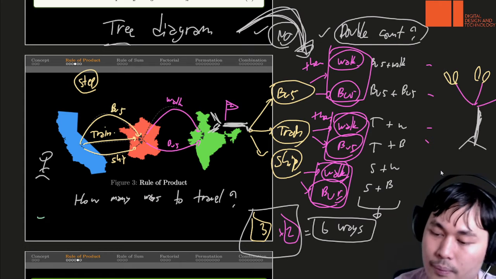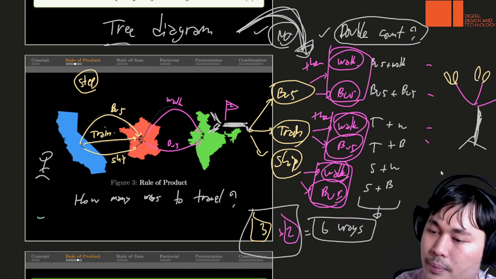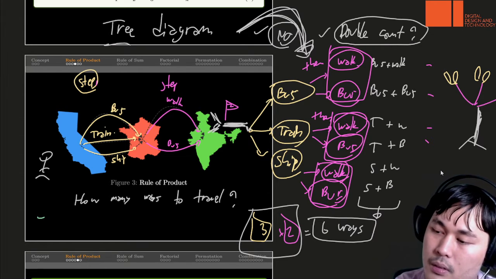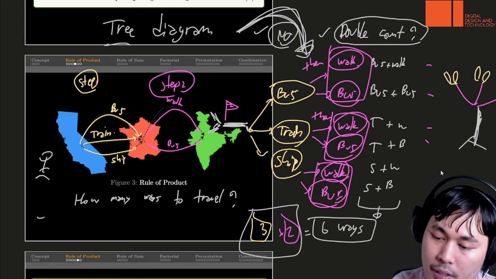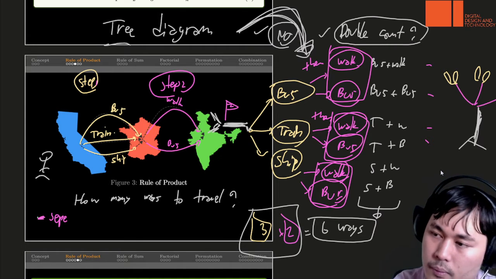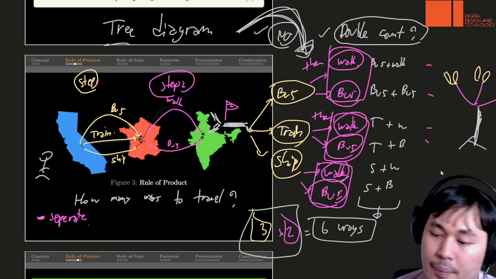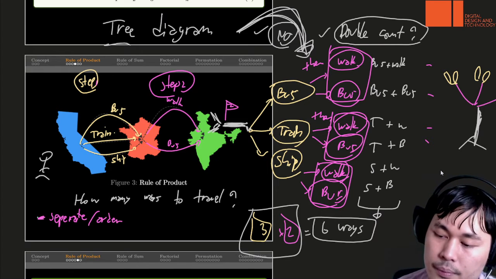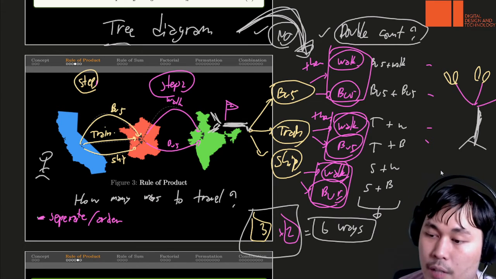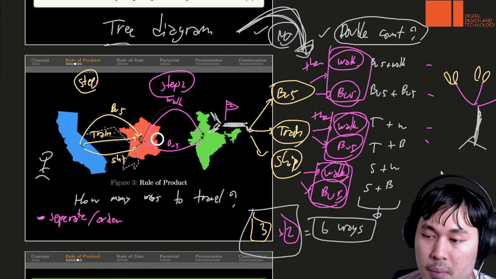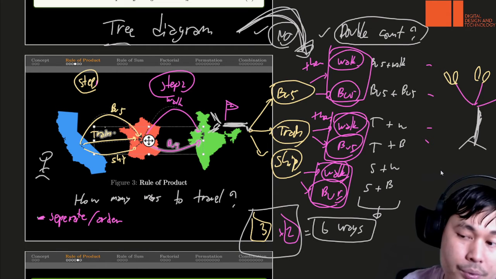Like these two steps, step 1 and step 2, must be separate and in order. So you have to do step 1 first before you can do step 2.